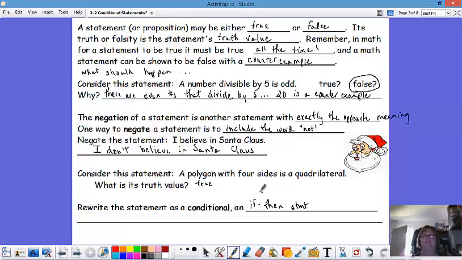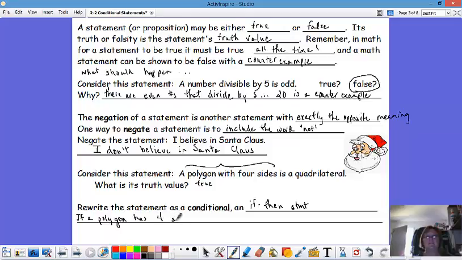And I'm going to ask you to think about the order in which things are stated in this sentence. It starts with a polygon with 4 sides. It ends with quadrilateral. So the if part of our statement has to include this part. If a polygon has 4 sides.